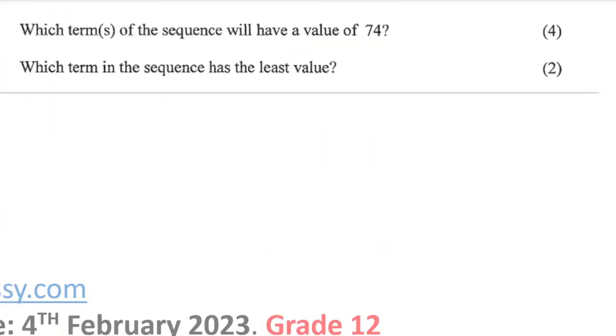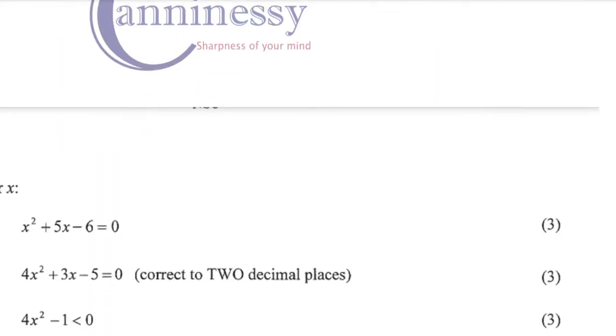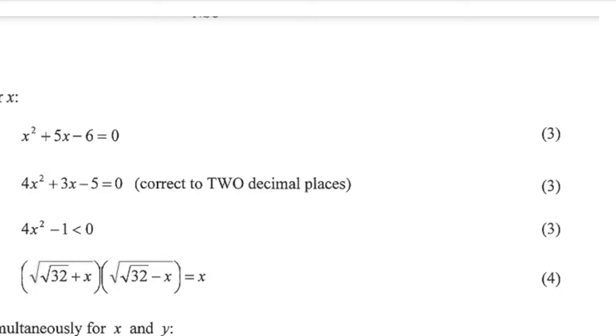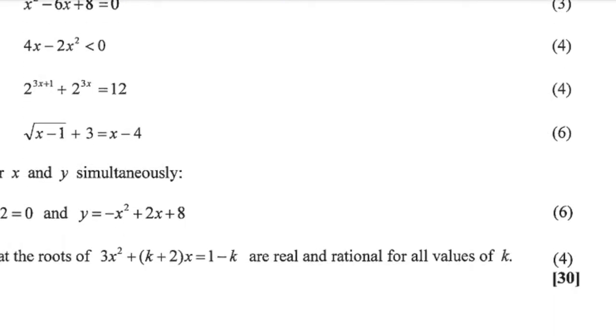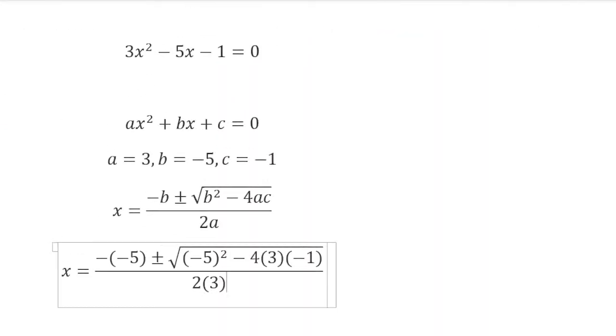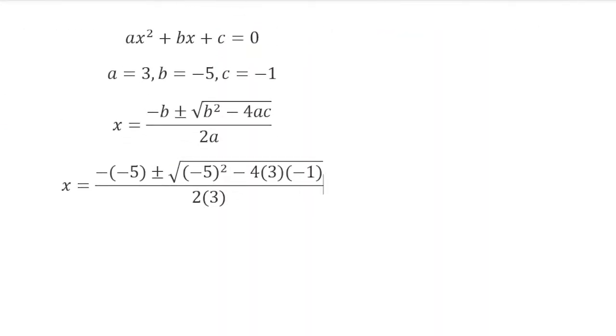So now the second question was, solve for x, so we have x squared minus 6x plus 8. X squared minus 6x plus 8, alright? So please remember to post your answer on the chat room.